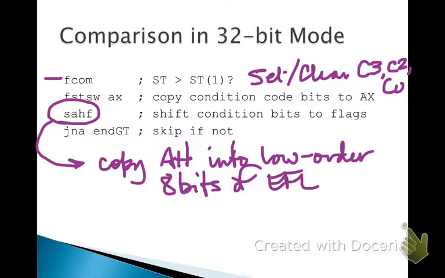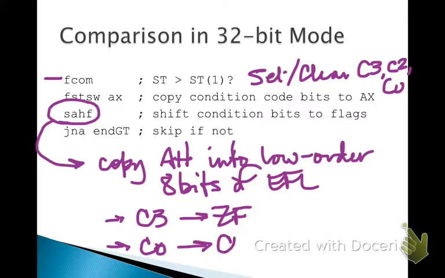Okay? Now, what that's going to do is C3 will be in the zero flag position, or bit 6, and C0 will be in the carry flag position, or bit 0. This is going to make it possible for us to use unsigned conditional jump instructions.